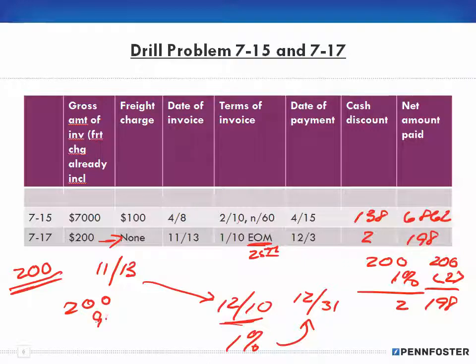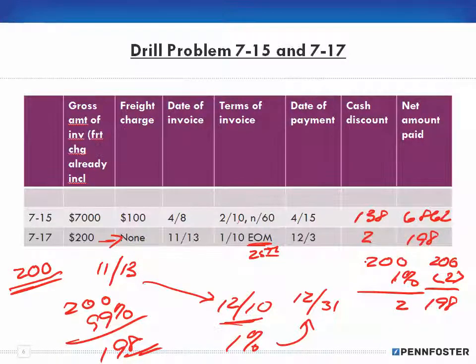So I could have multiplied the $200 by 99%, and that would have given me $198 also. That's just an alternative way of doing that problem.